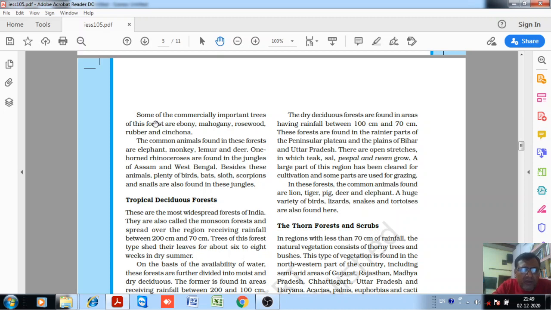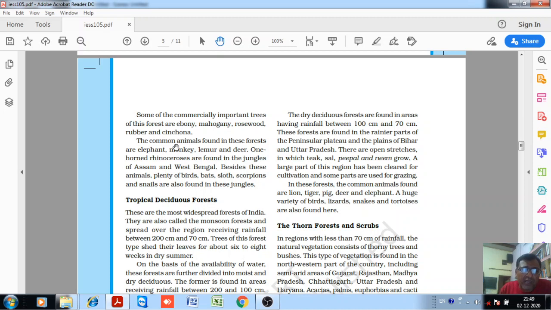For tropical evergreen forests, some of the commercially important trees of these forests are ebony, mahogany, rosewood, rubber and cinchona. So for 3 marks questions, the upper part was enough. If the question comes for 5 marks, that you have to define tropical evergreen forest, you have to remember such kinds of trees which are found in tropical evergreen forest.